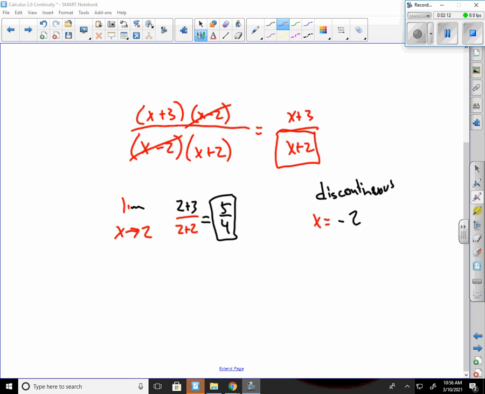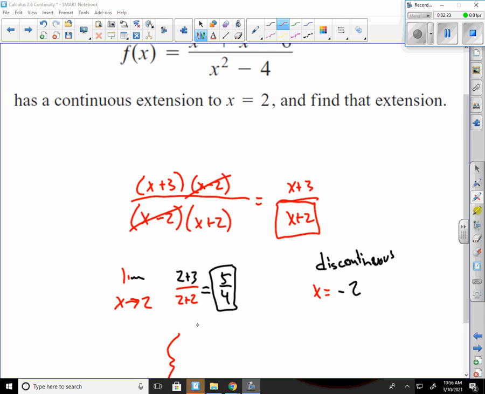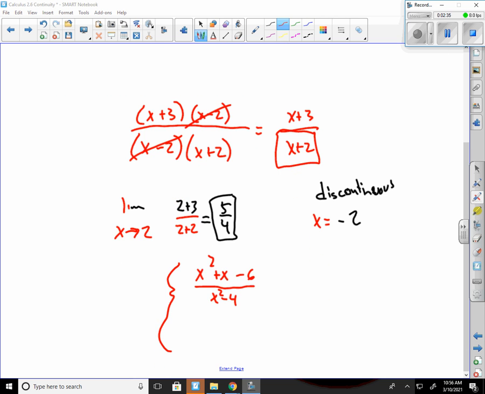I can create this piecewise function where it would be our original x squared plus x minus 6 over x squared minus 4, and that would be everywhere except 2 and negative 2.